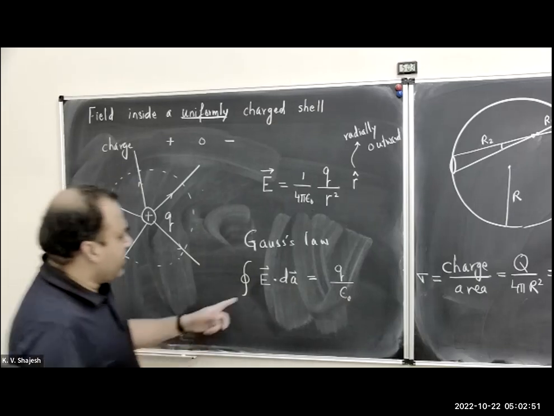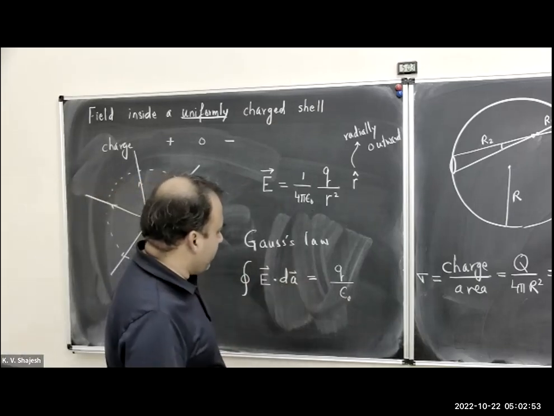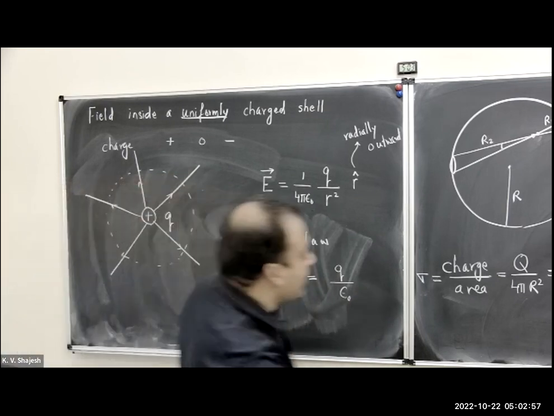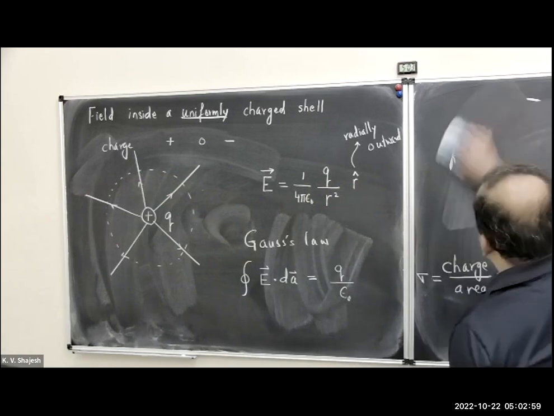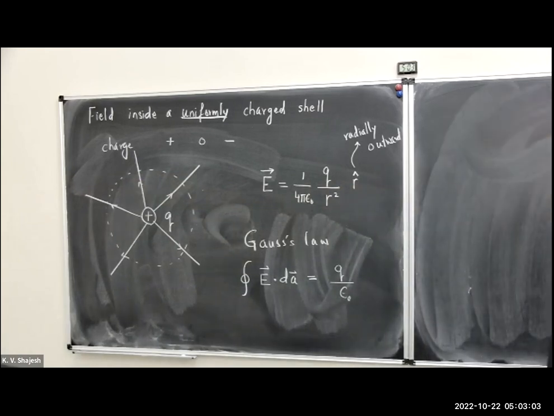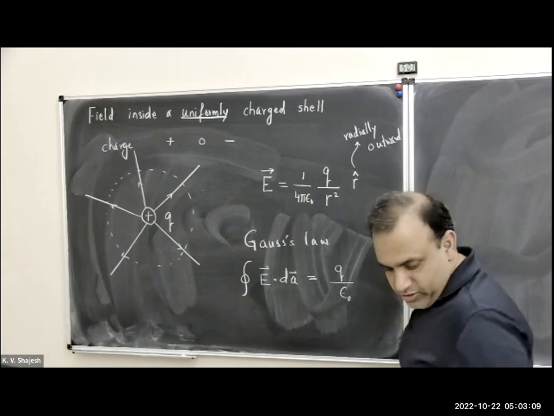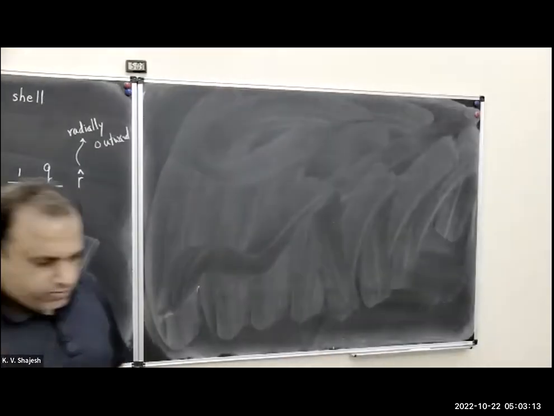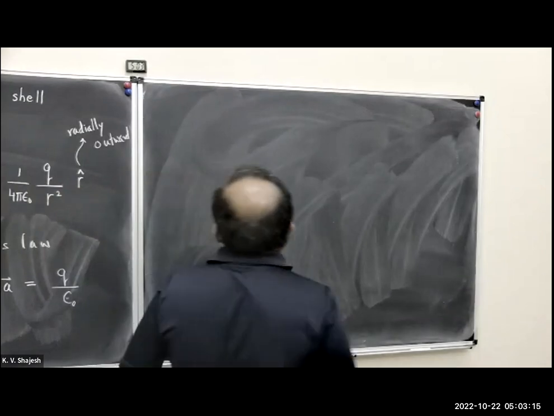So with this as a perspective, let's just have 2 charges to begin with, and then we'll talk about 3 charges and so on. Let me change the camera, I suppose. So 2 charges is the simplest one.